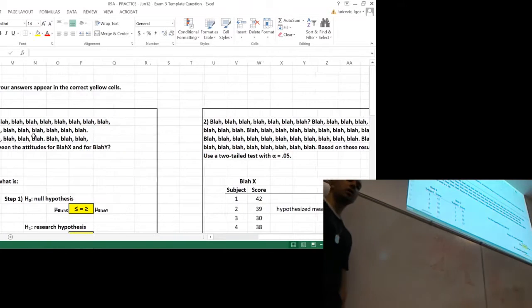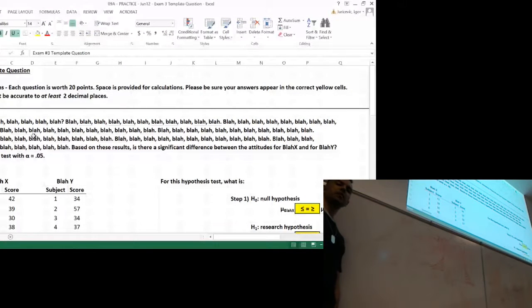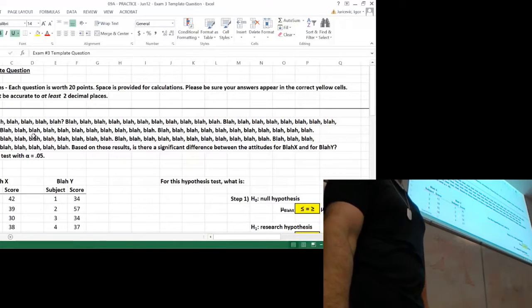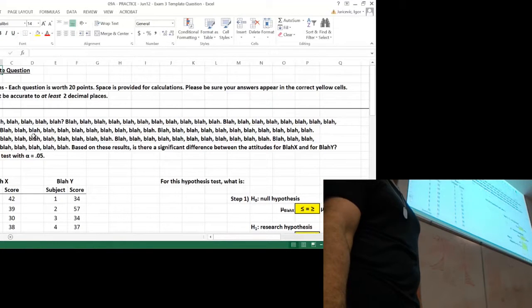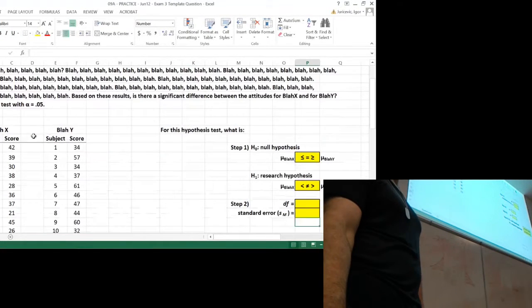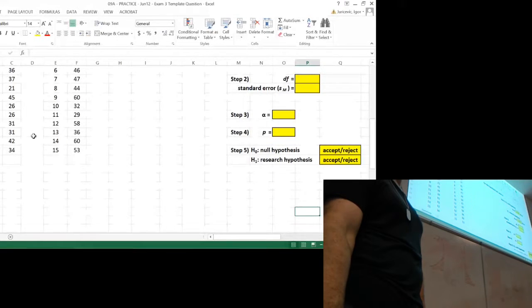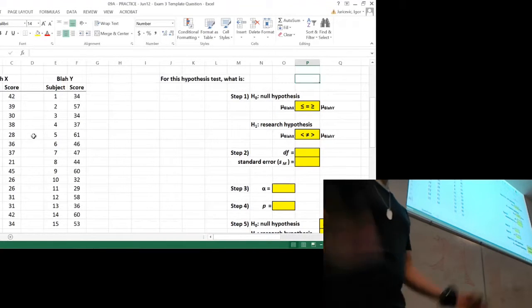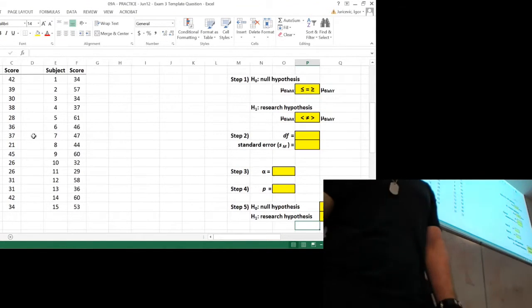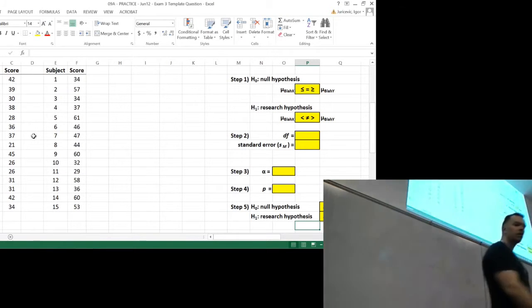So it's all going to be hypothesis testing. It's all going to be asking for those particular pieces of information, and if you can do that 7 or 8-ish times, you get yourself 100% on exam number 3, and that'll be your best exam.